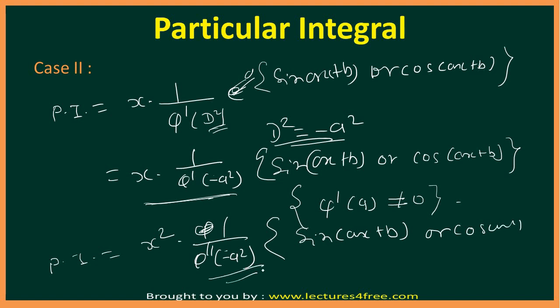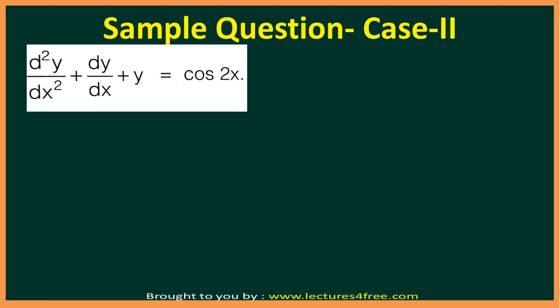Similarly, this should not be 0. It is the same, but here we only look at the D square terms and put D square equal to minus a square. Now let's see a sample question related to this case.